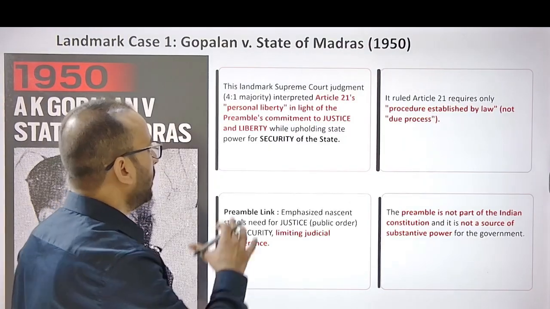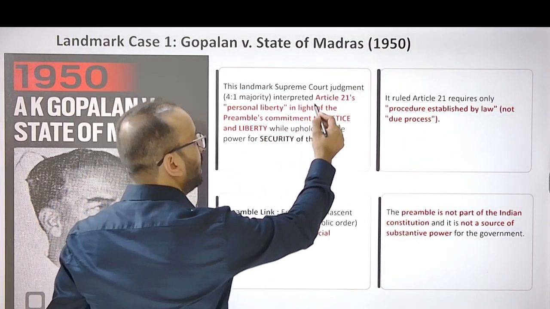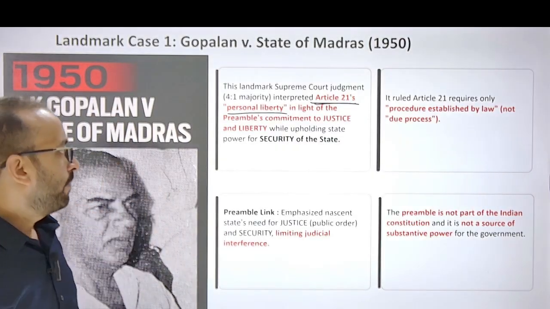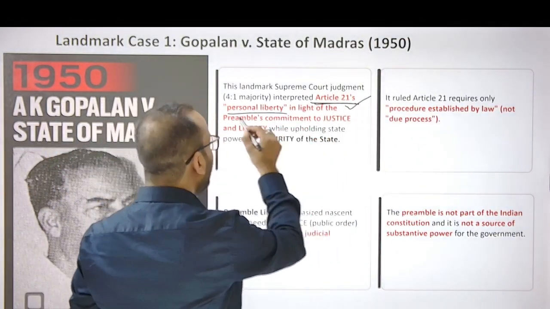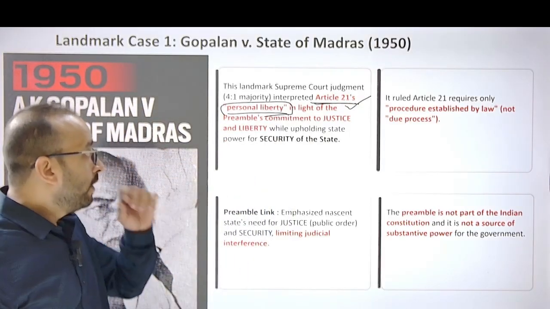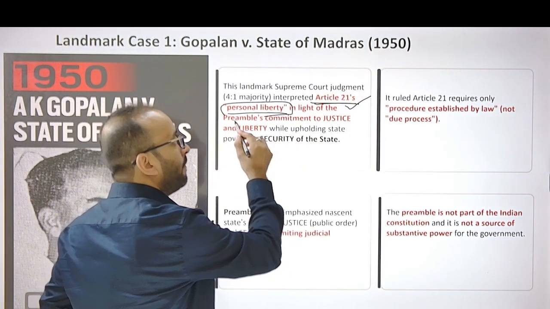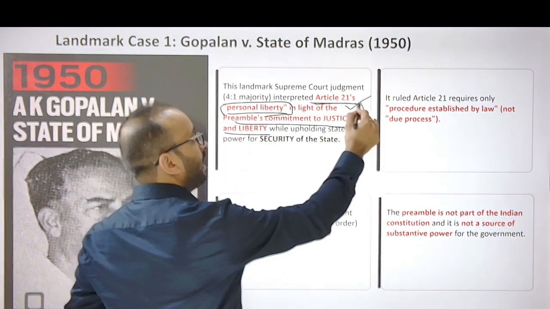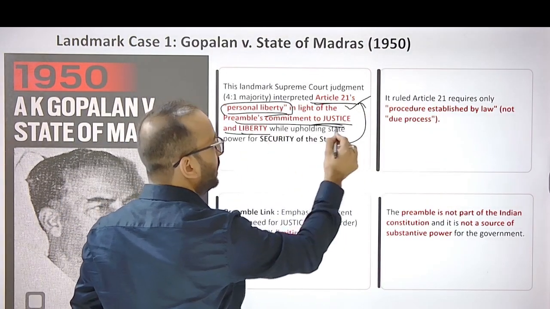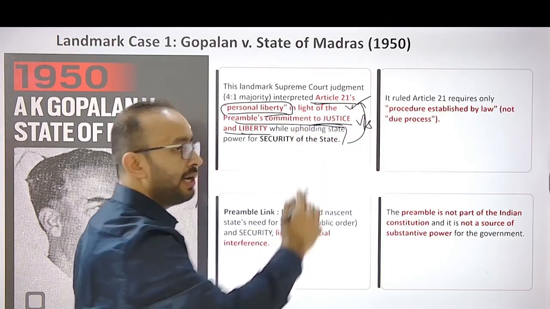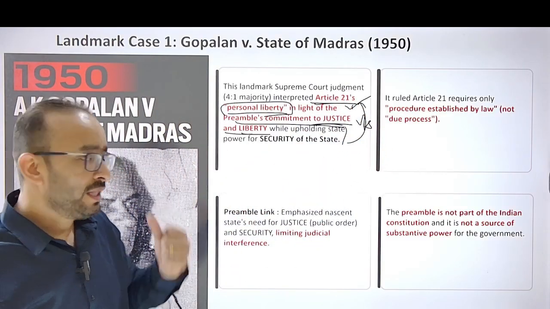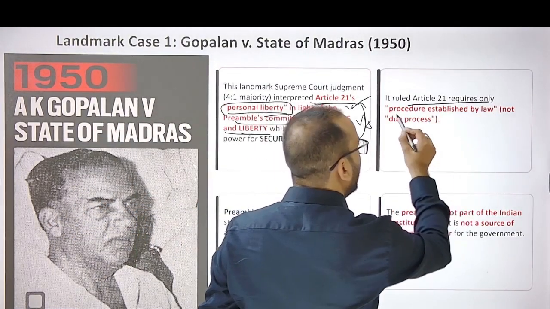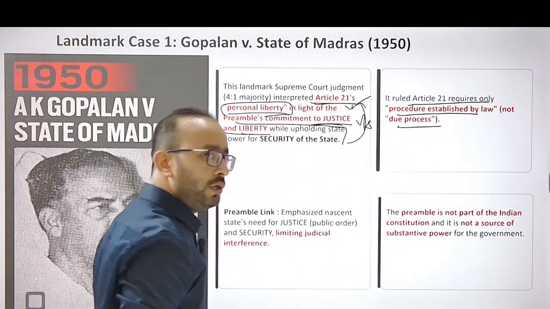The matter before the Supreme Court was related to Article 21, the fundamental right which gives you life and personal liberty. So the question was whether the preamble's commitment to justice and liberty, when in contradiction with Article 21's objective, would prevail. The court said that Article 21 requires only procedure established by law and not due process.